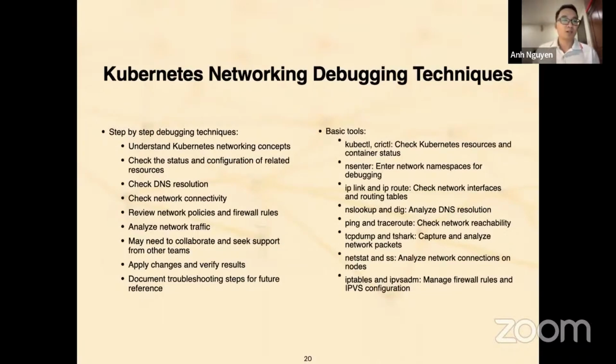So when encountering issues with Kubernetes networking, I have some basic steps. First is master the basics of Kubernetes networking: understand concepts and mechanisms of Kubernetes networking. The second step is check the status and configuration of the related resources.